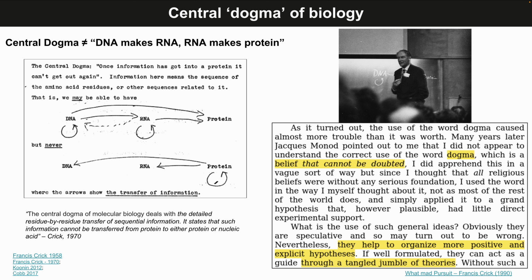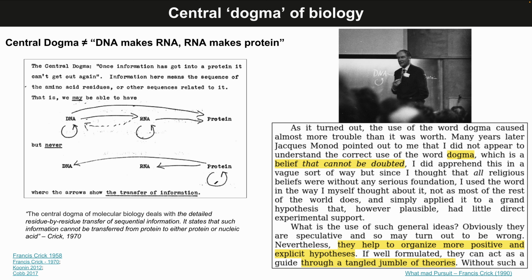So while what you said, a belief that cannot be doubted, is how it is often written, what he wanted to imply was that the other possibility, of protein getting transcribed into RNA or translated into DNA, has so far not been observed. So he did not mean dogma as in something which cannot be doubted, but given the level of possibilities that could exist, the transfer of information once it reaches protein cannot make it back.